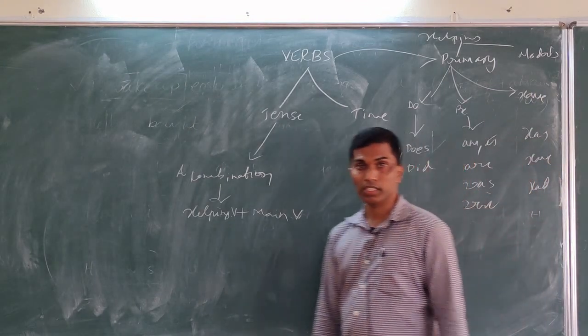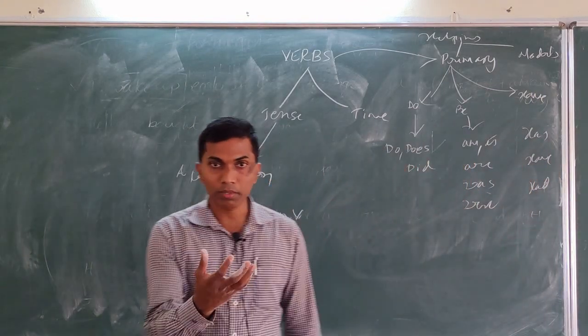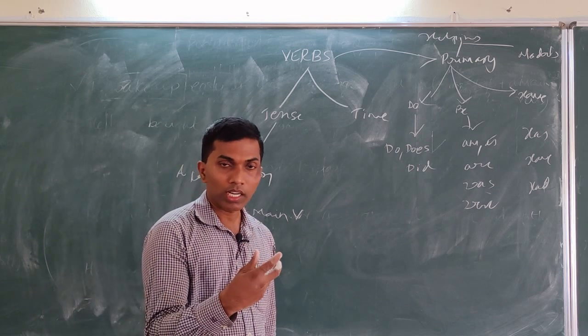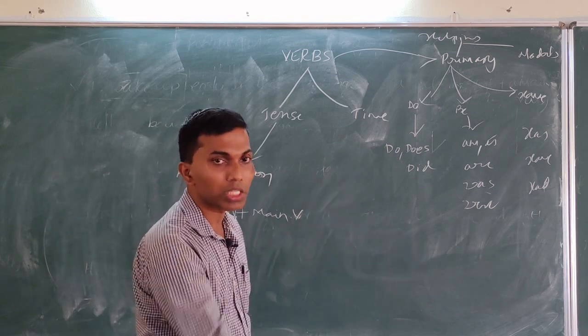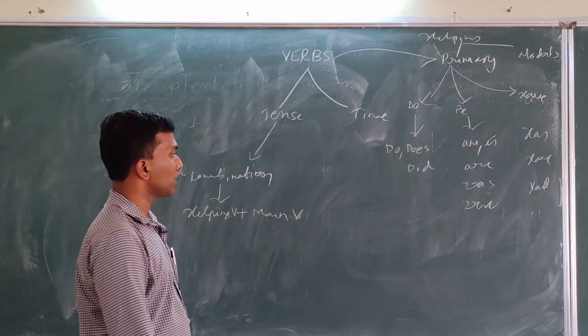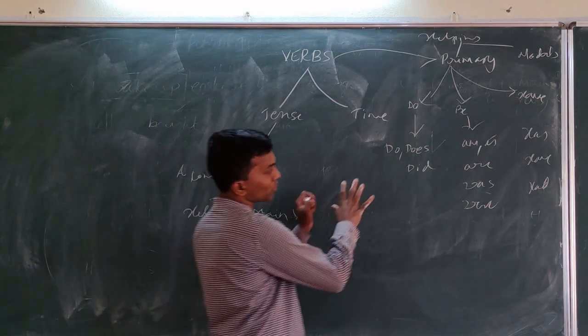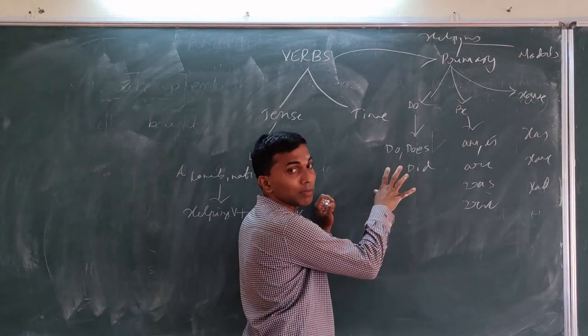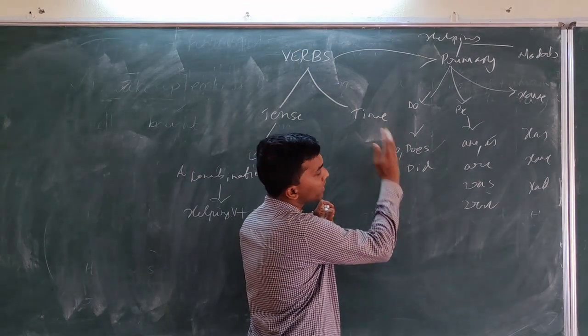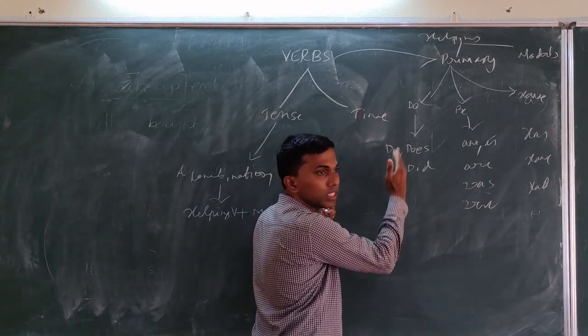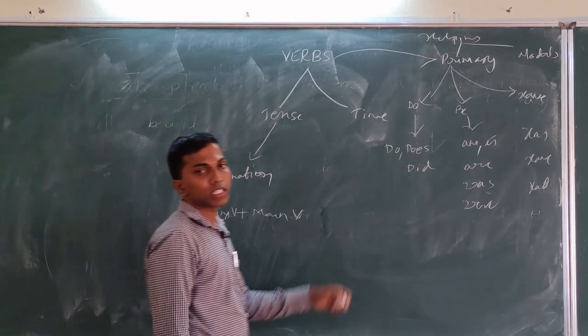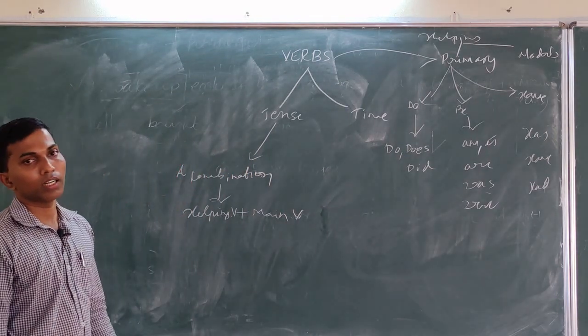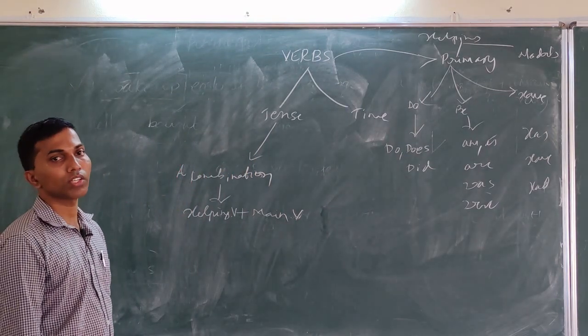That's why a tense is a combination of a particular helping verb and a particular form of a main verb. Okay, that's why I have told you to focus more on helping verbs. If you are able to decipher this concept, understand this idea, I'm sure the tenses are yours.